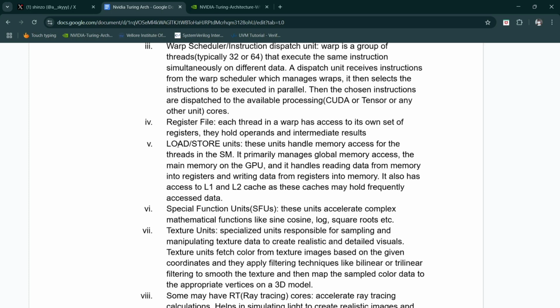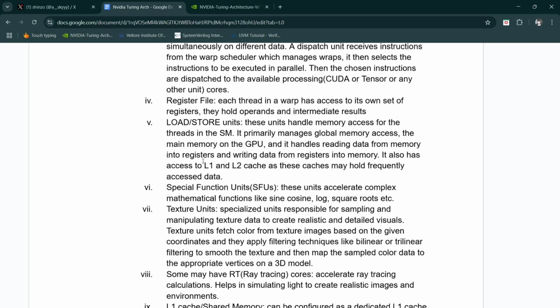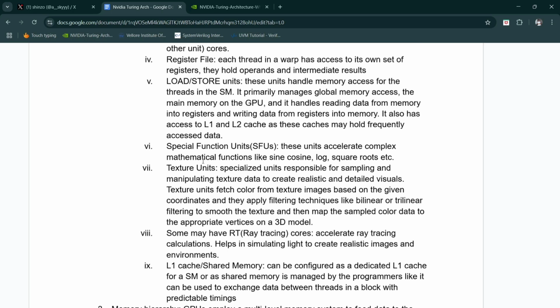Now come the load store units. These units handle memory operations for the threads. They primarily manage global memory, but also have access to L1 and some part of L2 cache. Special function units are used to accelerate complex mathematical functions like sine, cosine, logarithm, square roots, etc.